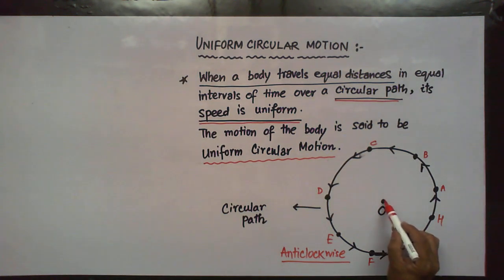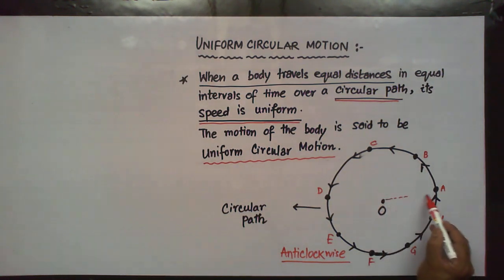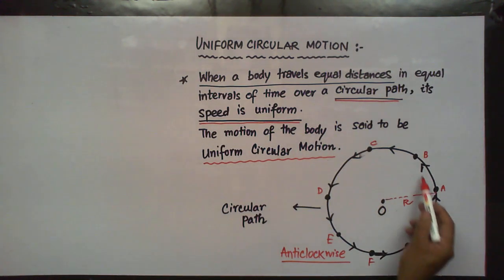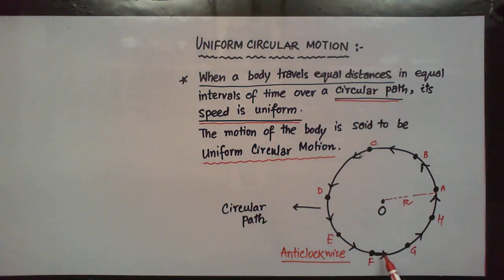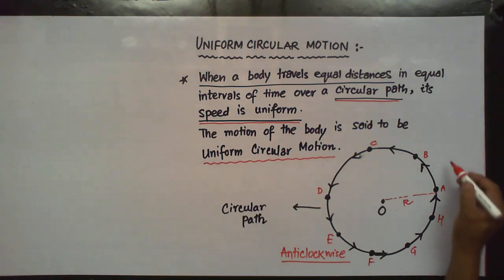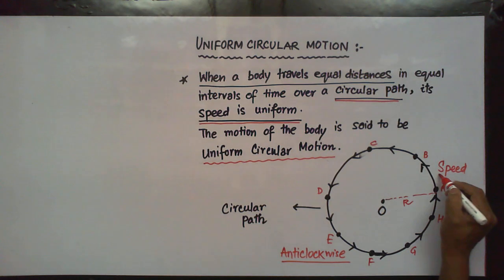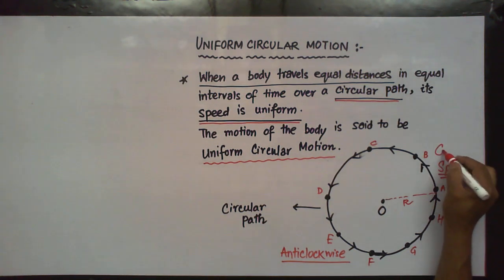Because this body is moving in a circular path about the center. This is the center of the circular path, and this is the radius r. The body is moving in a circular path, and the speed is remaining constant. So we have a body moving in a circular path with a constant speed.